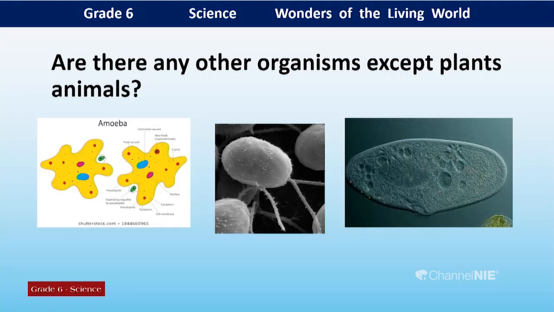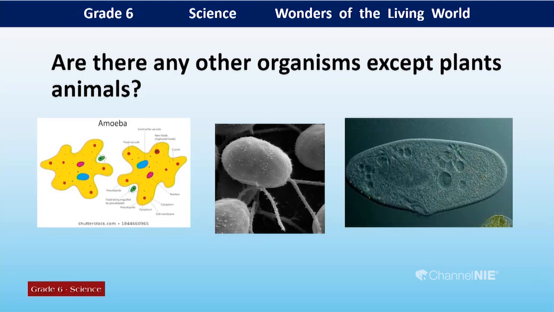Right. I have given you three pictures. These organisms cannot be observed through our naked eye because they are very small. As they are very small, we can't observe them through our naked eye.